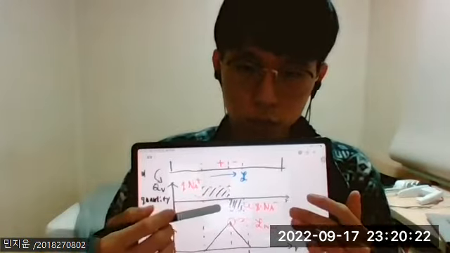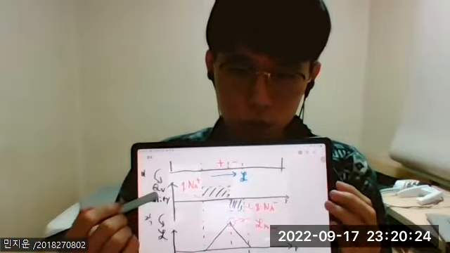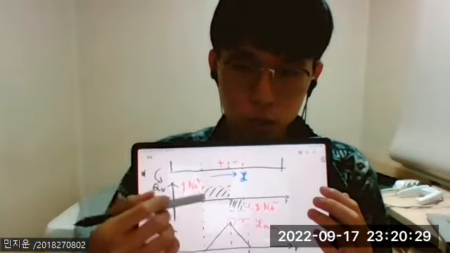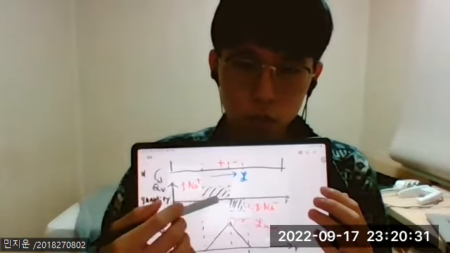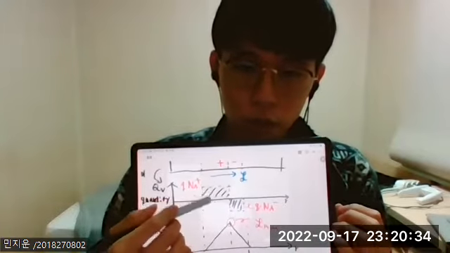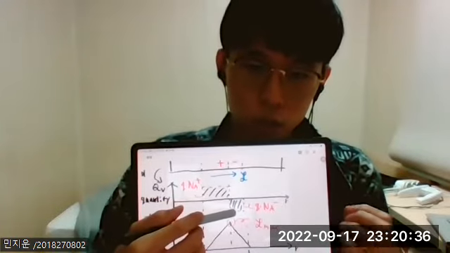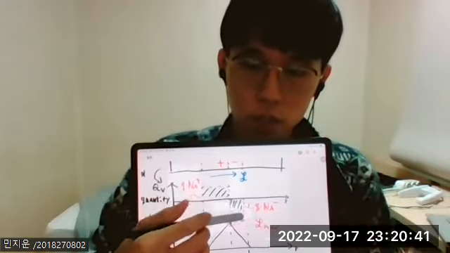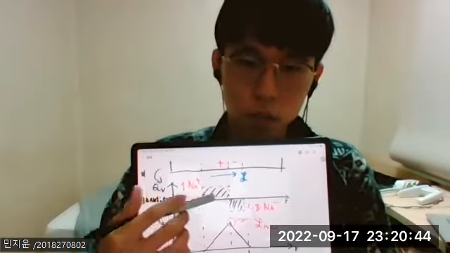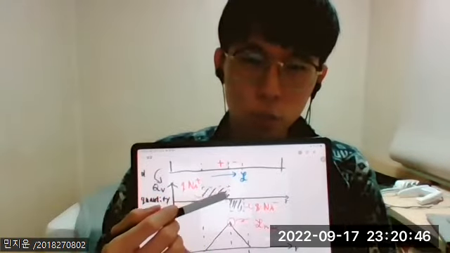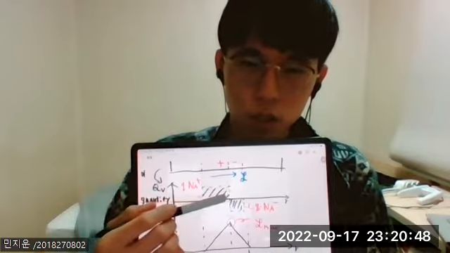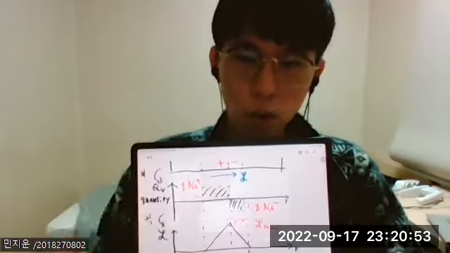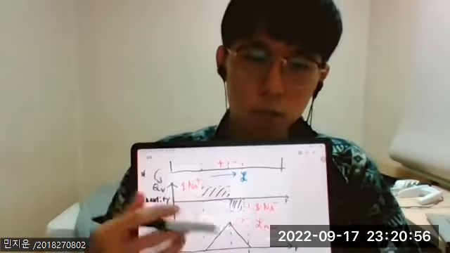If you see this Q and distance graph, you can see this area, and the n-type depletion area and p-type depletion area are the same, because the number of carriers that are depleted is the same.